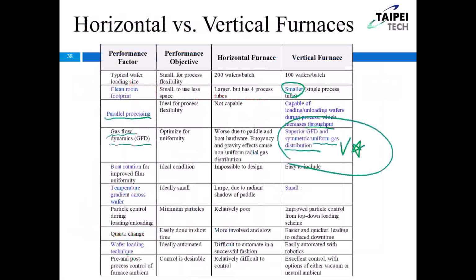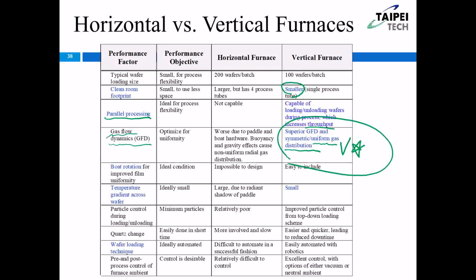So we have a table to show you the difference between horizontal and vertical furnace. Okay. So the first one, I used the blue color to highlight something I think is important. The first one, footprint. Okay.